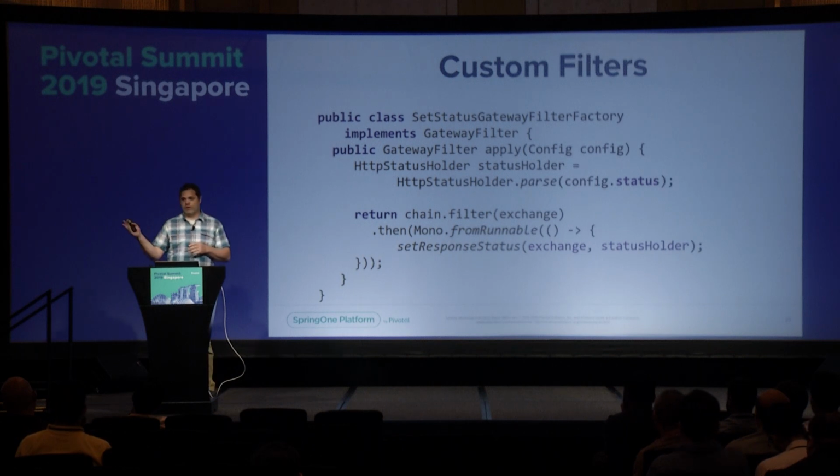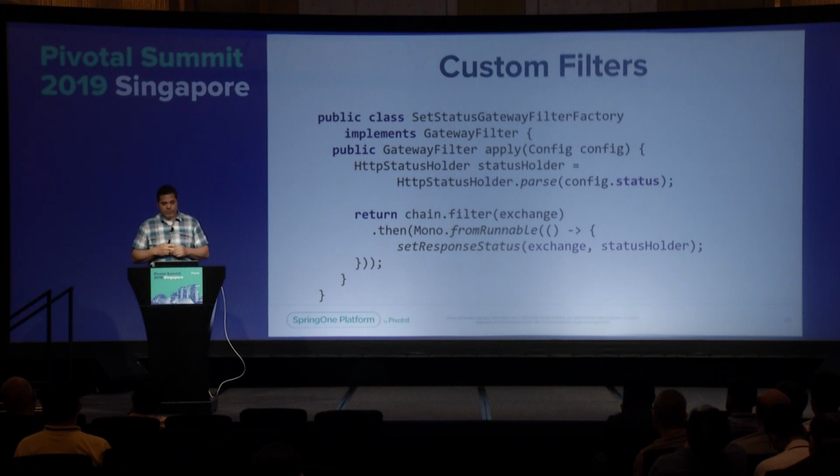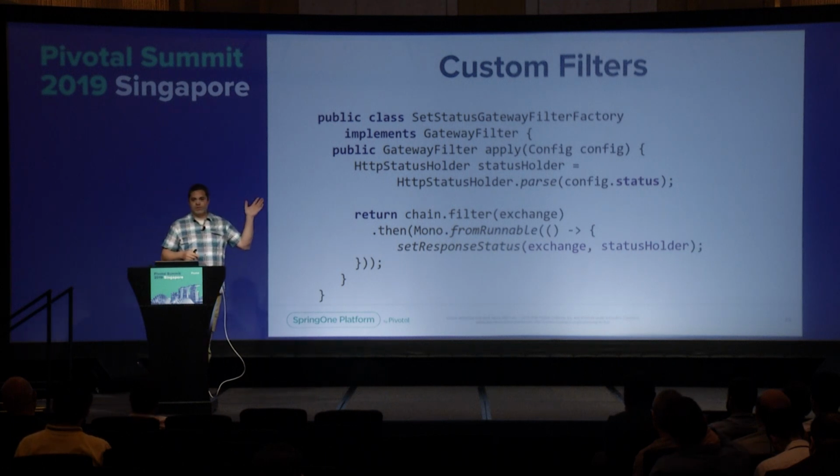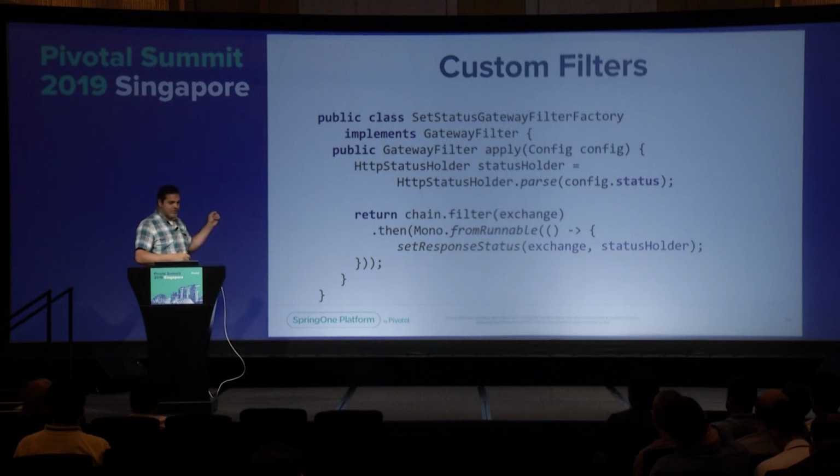So this is the thing that would change the response status of a response. We parse out the status that we want to change to, and then, if you recall from Josh's talk today on Reactor, we start to see some Reactor in our APIs. At the bottom here, we have chain.filter and then, right?